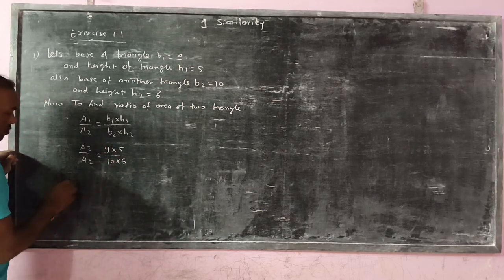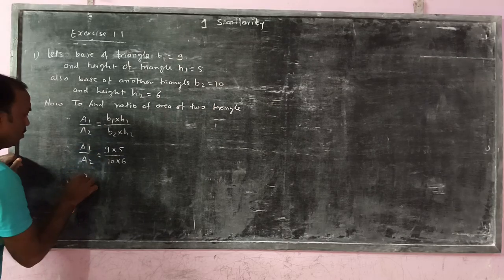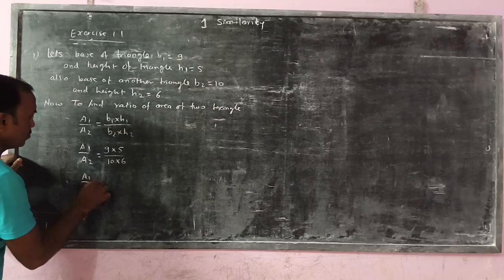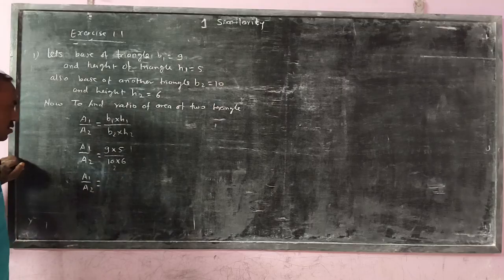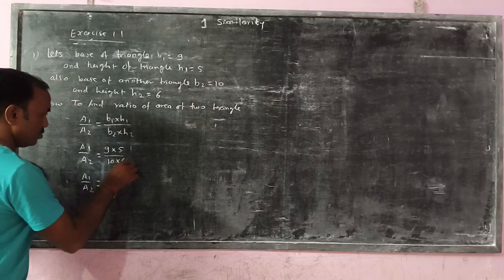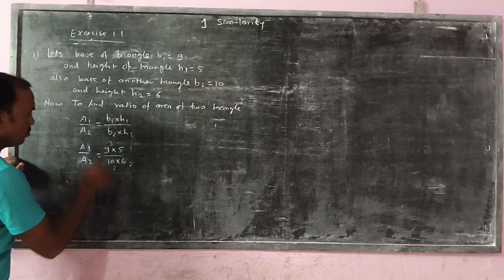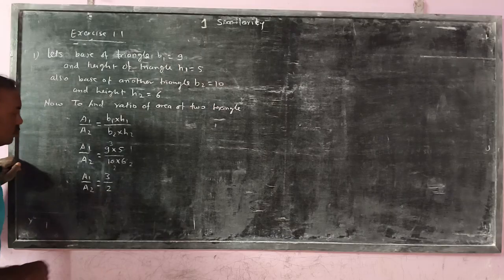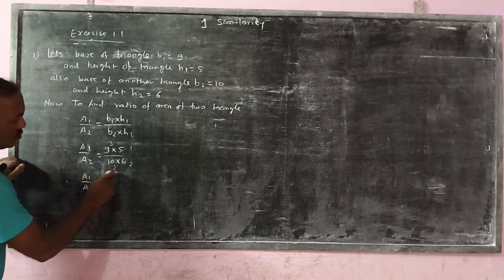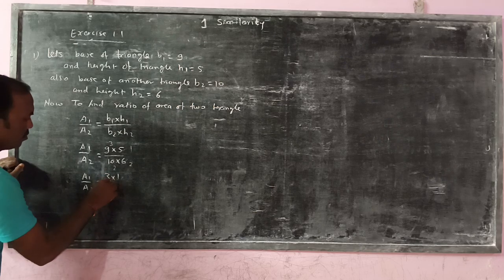So we can calculate these values. A1 by A2 equals 5 1s are 5, 5 2s are 10, 3 2s are 6 and 3 3s are 9. Therefore the answer is 3 by 4, since 3 into 1 or 2 into 2.